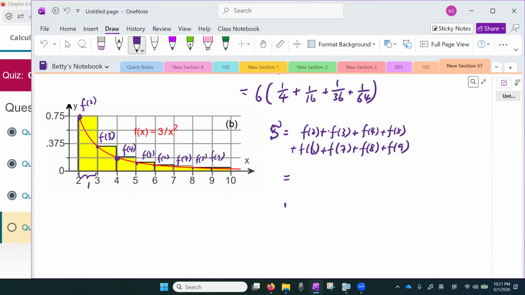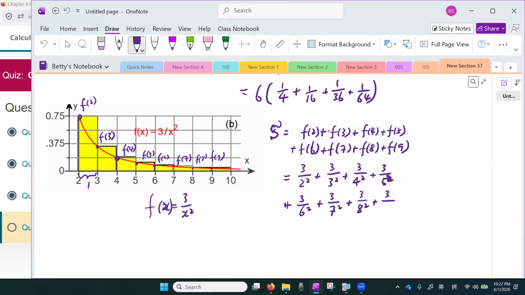Okay, so we have f of 2, f of x is 3 over x squared. So f of 2 is 3 over 2 squared. F of 3 is 3 over 3 squared. 3 over 4 squared. 3 over 5 squared. 3 over 6 squared. 3 over 7 squared. 3 over 8 squared. 3 over 9 squared. 3 can be taken out, okay?